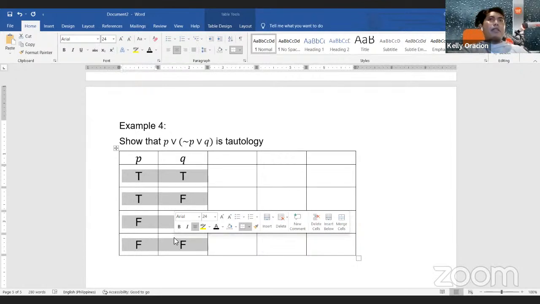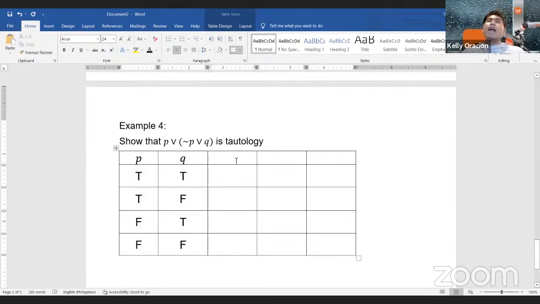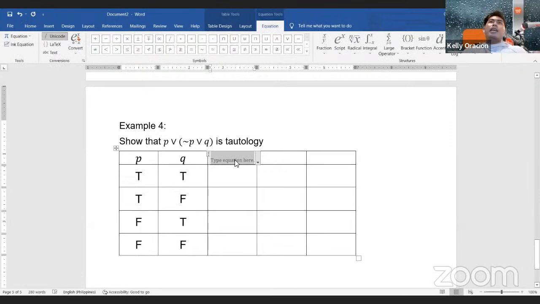Ngayon, ang aking tanong, sino yung first natin na ima-manipulate? It's the negation of P. That's correct. Si negation of P, yung una nating i-manipulate.